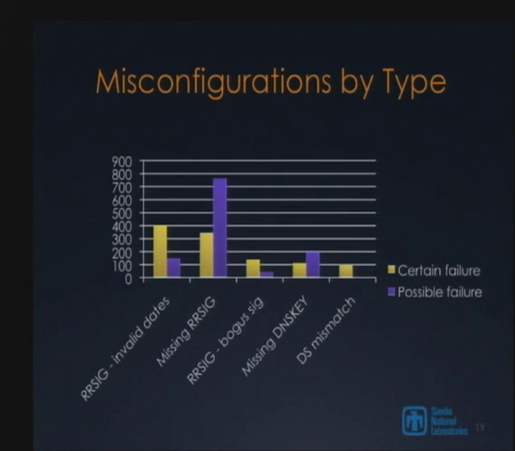You might suspect that expired signatures were the largest contributor, and they were in terms of certain failure. So go back to certain failure versus possible failure. This graph shows the two side by side for each type of failure, and this is the raw number of failures.